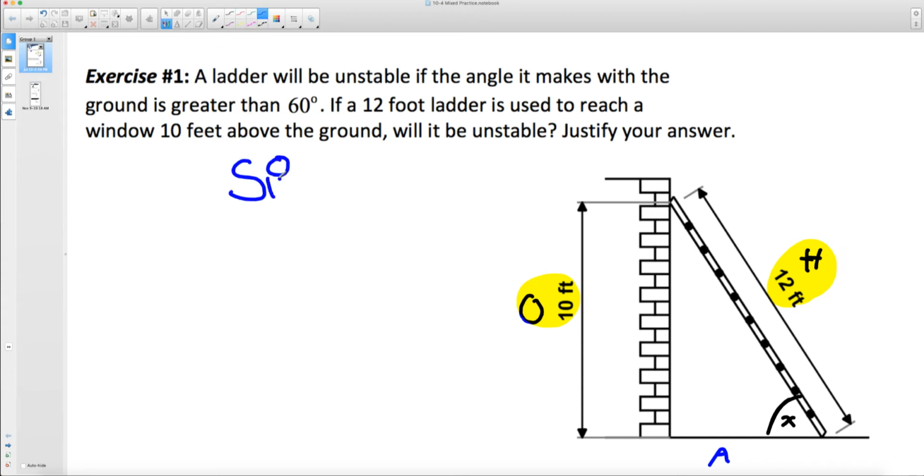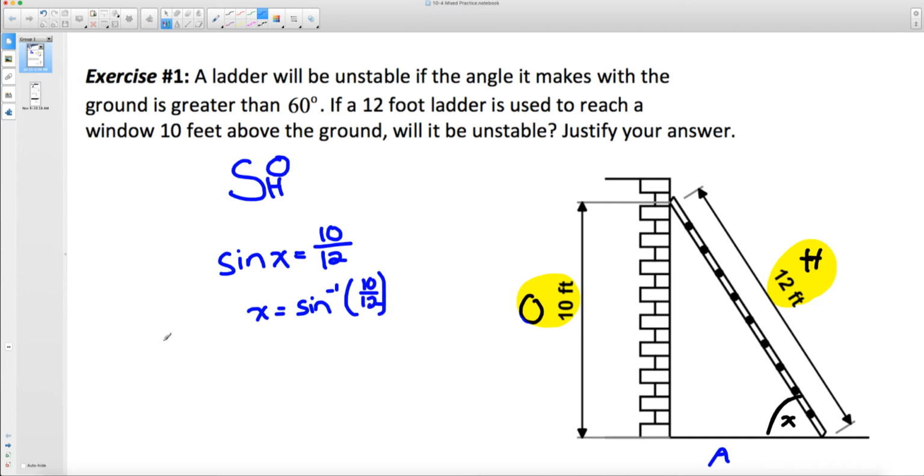So remember our SOHCAHTOA. Sine of some angle, we don't know it, is equal to opposite over hypotenuse. We're solving for the angle, which means we're going to be using inverse trig. X equals sine inverse of 10/12.